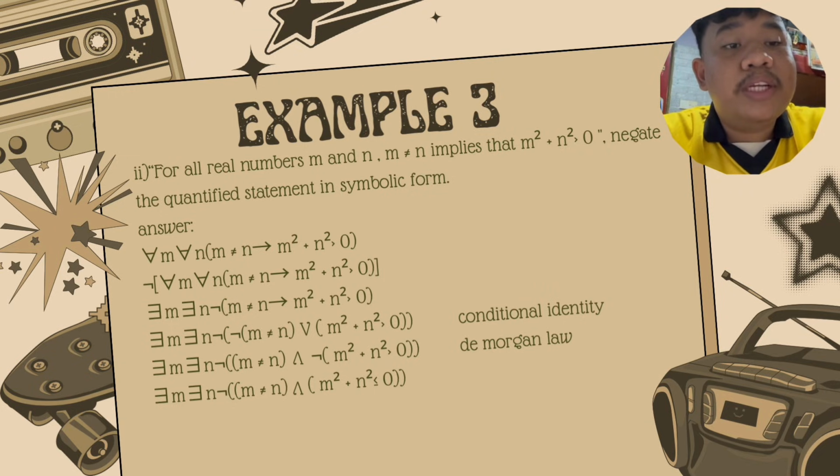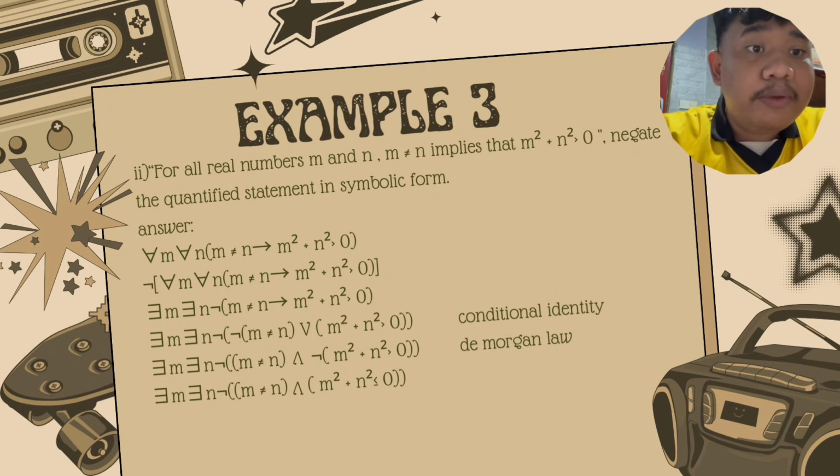And then we just simplify the back part, m squared plus n squared greater than 0. We just change the symbol from greater than to less than or equal to. And then the final answer will be there exists m, there exists n, negation of m is not equal to n, and m squared plus n squared less than or equal to 0.